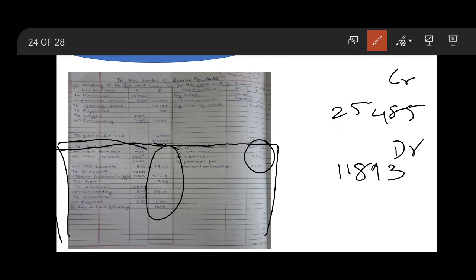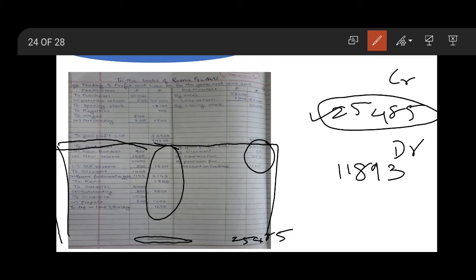As always, the credit side is greater. Write it here in the closing lines, 25,485. The same will come here, 25,485, and find the difference.